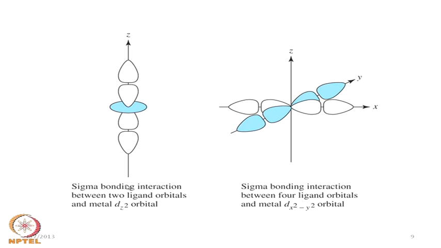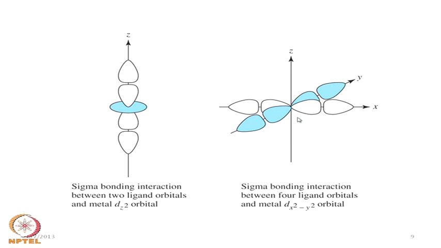So, if we have a ligand along the z axis for an octahedral symmetry, along this direction we will have two ligands. These two ligands will nicely overlap with the metal d z square orbital to give us sigma bonds. Similarly, the x square minus y square orbital also comes from the same Eg level of the metal center in Oh symmetry.